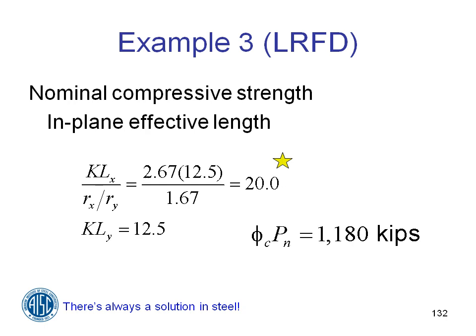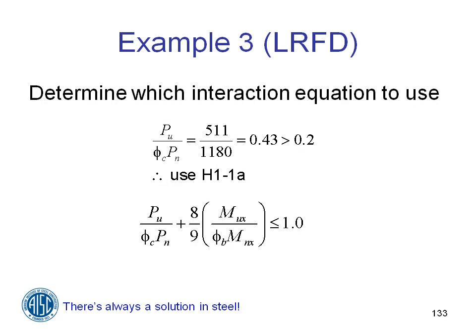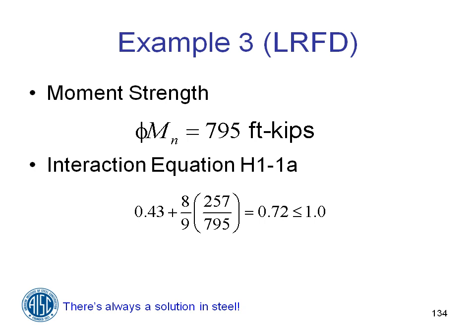We get our strengths. We get our interaction equation. And, of course, it comes out less than 1. It may be, and it will be, a little bit different than the ASD solution. That value right there will be different, but that's what happens between ASD and LRFD, whether you're talking about combined column bending and axial, you're talking about pure tension, or anything else.